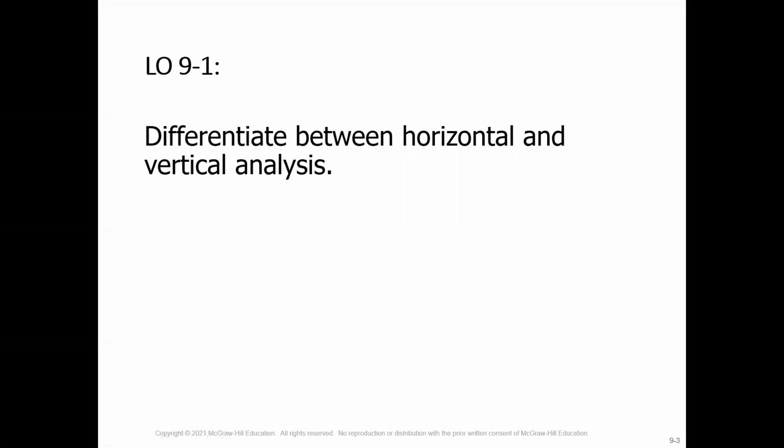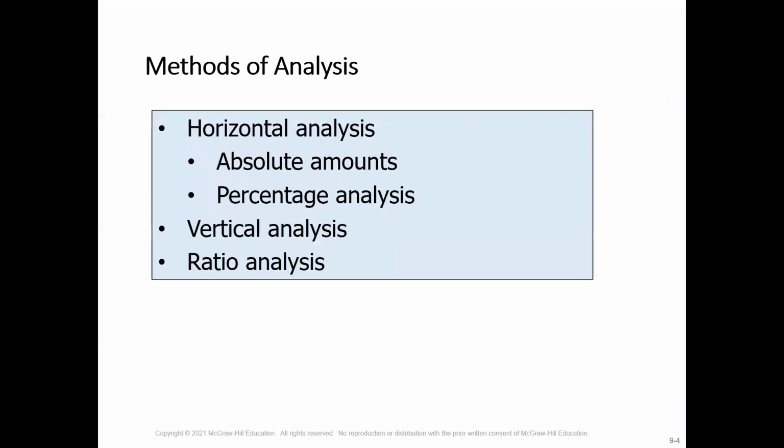So we do employ one technique other than ratio analysis, something called horizontal analysis and vertical analysis. Horizontal analysis is taking one line of a financial statement and comparing the result from that line to a result from another period.